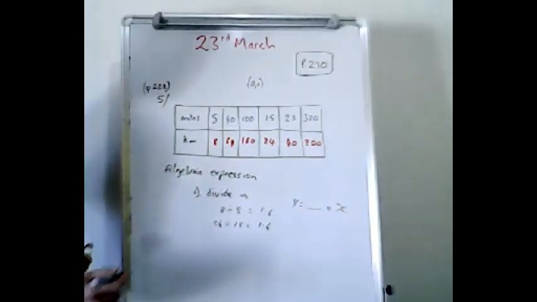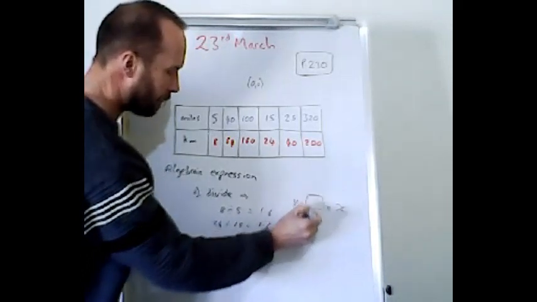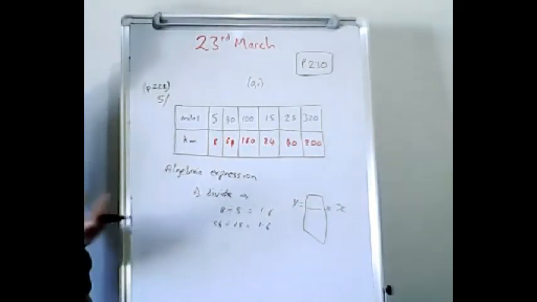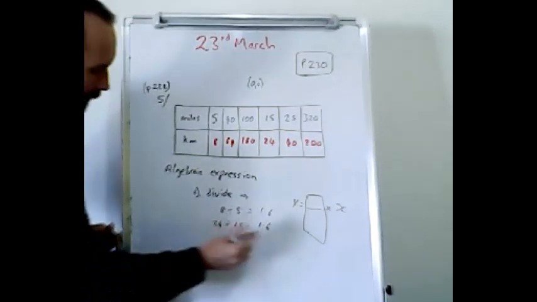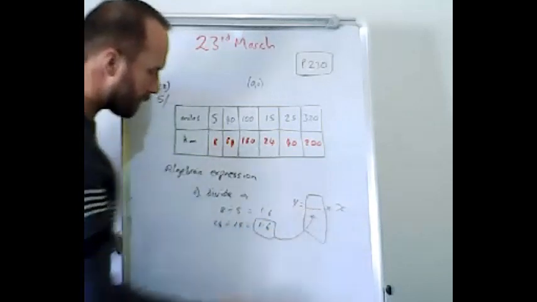And basically all we're trying to work out is what this number here is. And I say you can do that in the two ways. You can either just look at the information, or you can do division here.